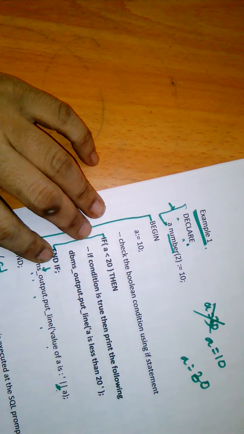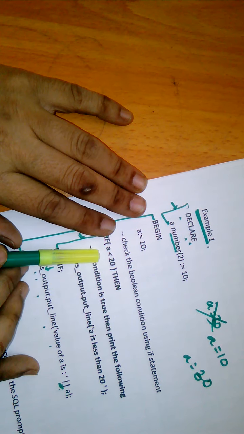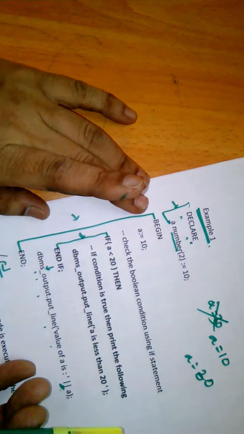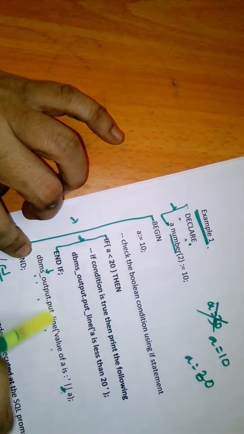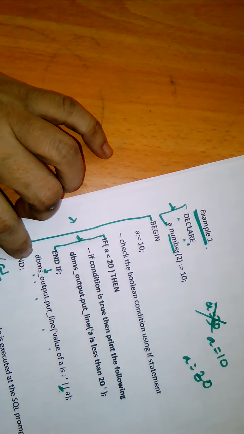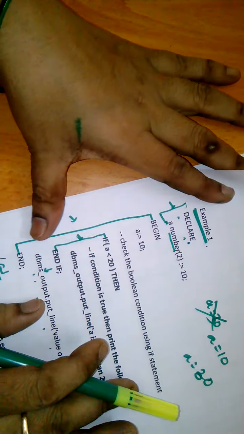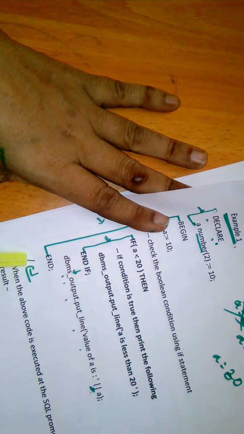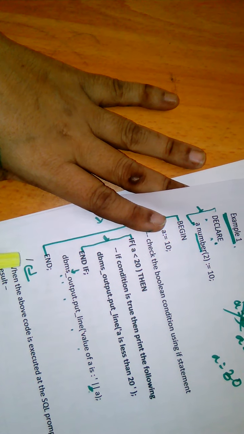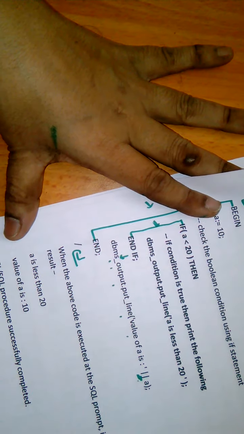Suppose we take the value 30: 30 is not less than 20, so the condition is false, it comes out of this block and executes the statement showing the value of a is 30. Like this we can write conditional statements in a PL/SQL block. When we execute, it will display the output and say procedure successfully completed, otherwise it will give an error where there is a problem.